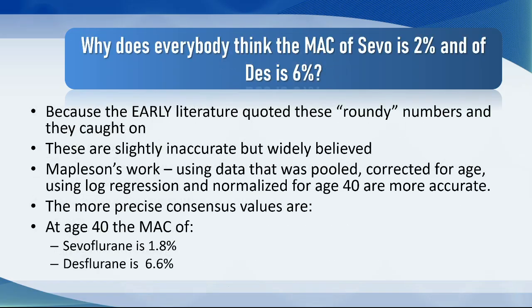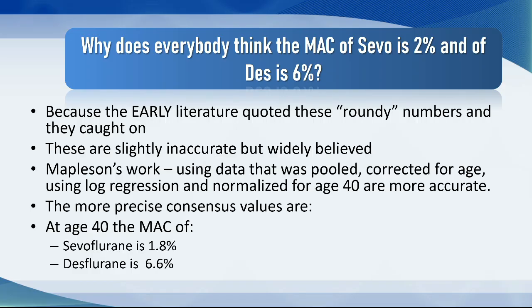Finally, why does everybody think that the MAC of sevoflurane is 2% and desflurane is 6%? The reason for this is that the early literature quoted these rounding numbers and they caught on. The sevoflurane of 2% was slightly inflated because many studies used nitrous oxide and younger subjects. The meta-analysis sorted all of this out.